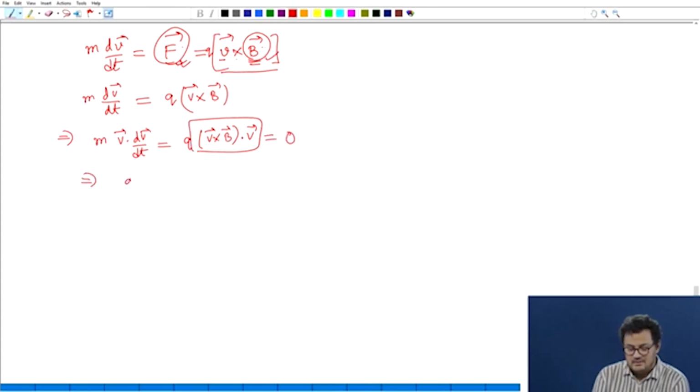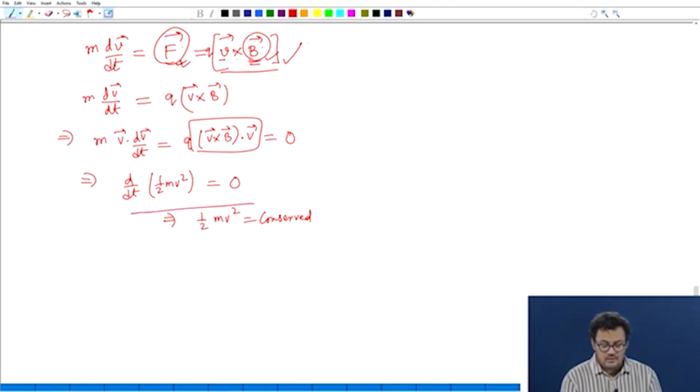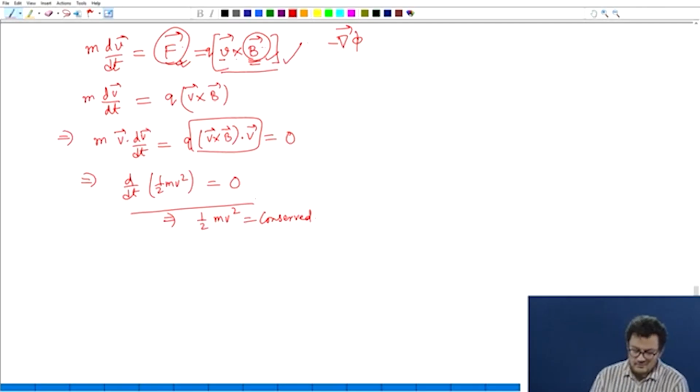That means d/dt of half m v squared is 0, and half m v squared is conserved. So, you see that this type of force can conserve the kinetic energy itself. Whereas a force of the earlier type would require a second component of energy, the potential energy, to be conserved.